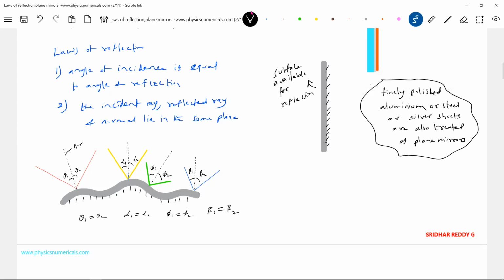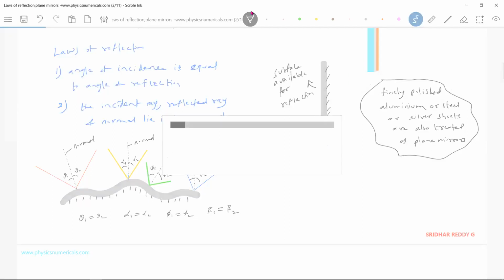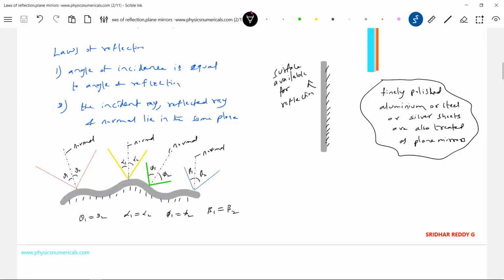All these are normals. Okay, this is the basic idea of the mirror.